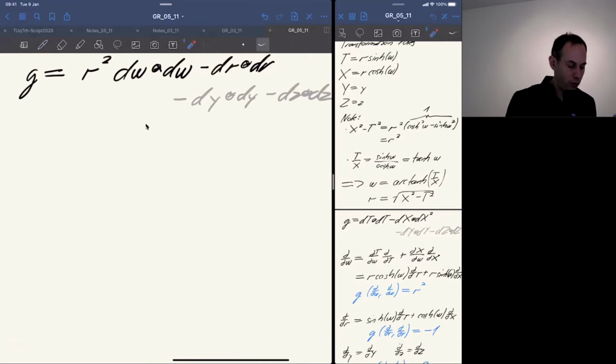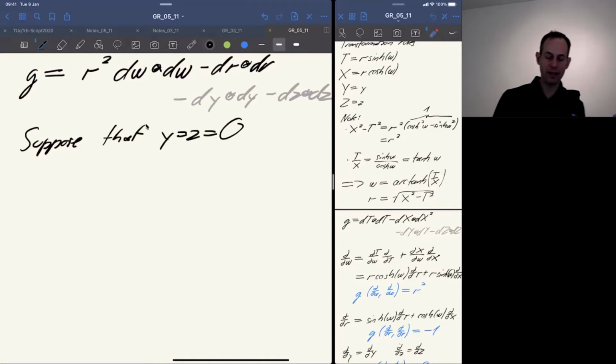Now, to do that, it's useful to look at the velocity vectors of these orange curves, of these trajectories of the observers. Just to have this written down explicitly, because otherwise it may be confusing. We're not only ignoring y and z, let's even set them to 0.